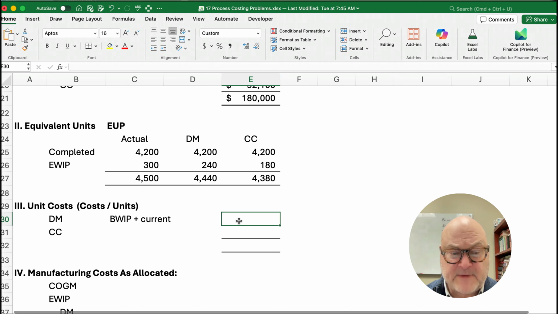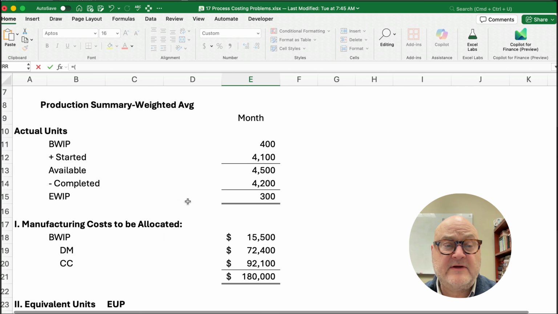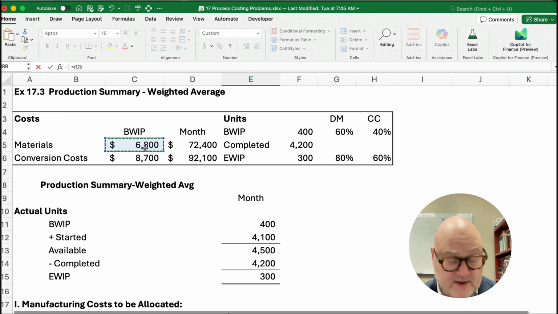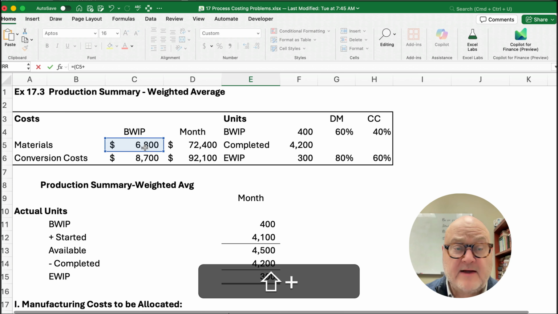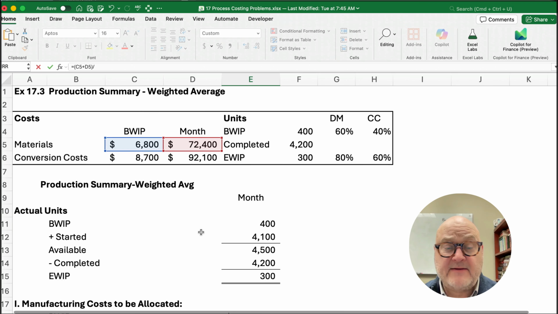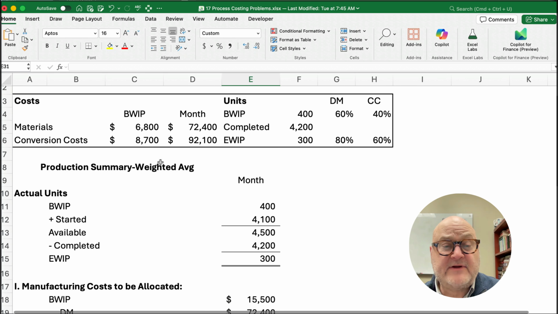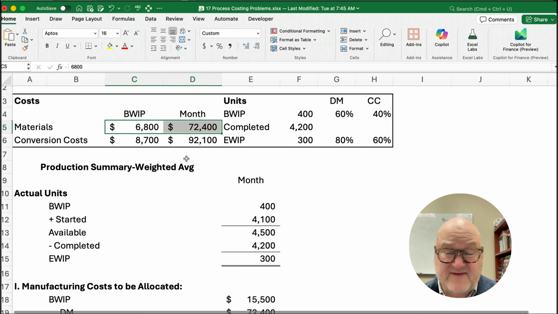That's fine. All right, we're going to calculate our unit costs by taking our cost. I need to find the material cost for beginning plus for the month. So that's a total there, and we're going to divide that by the units for direct materials. I'm going to take the 6,800 plus the 72,000, that's 79,200.